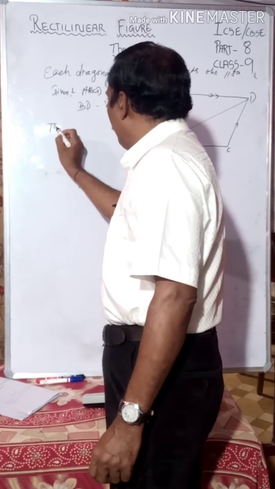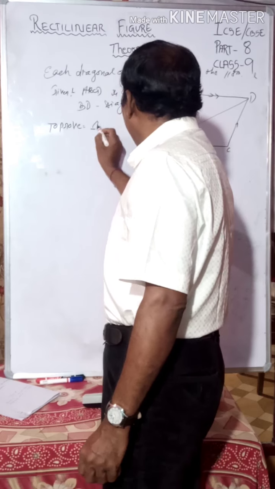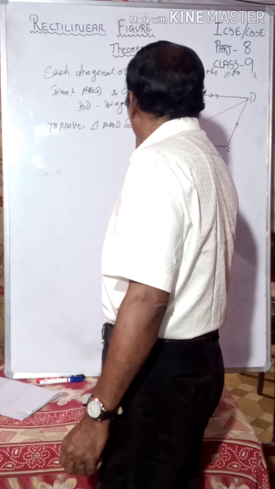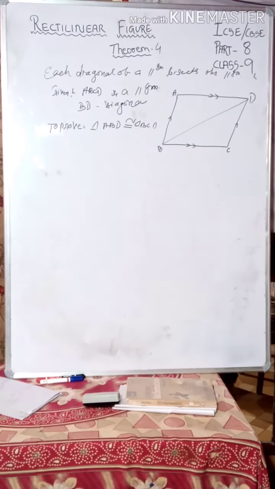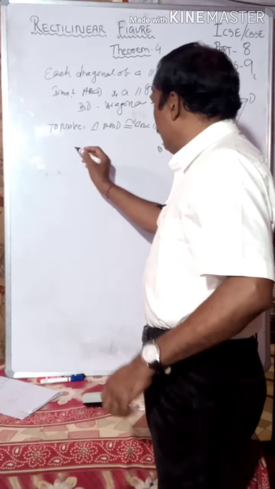Then to prove triangle ABD is congruent to triangle BCD. This much, nothing else, because every diagonal of a parallelogram divides the parallelogram into two equal triangles. Equal triangles means congruent triangles. Then proof.